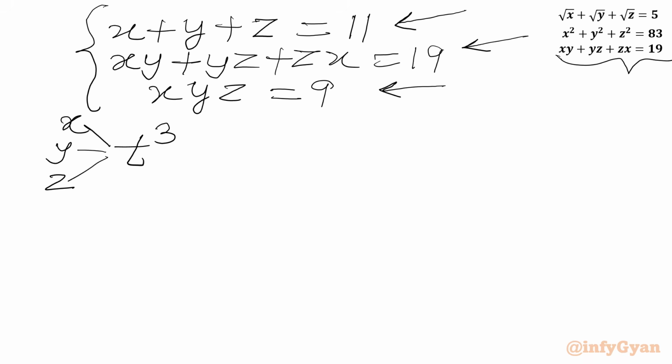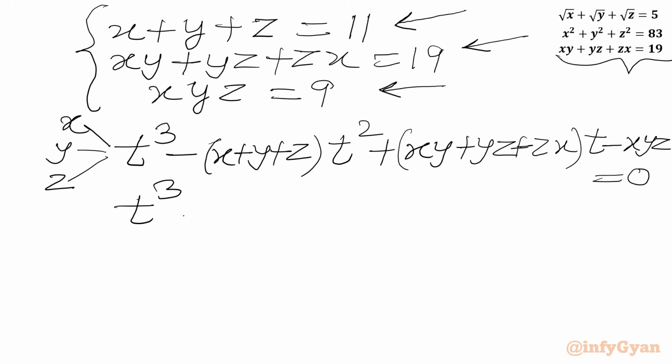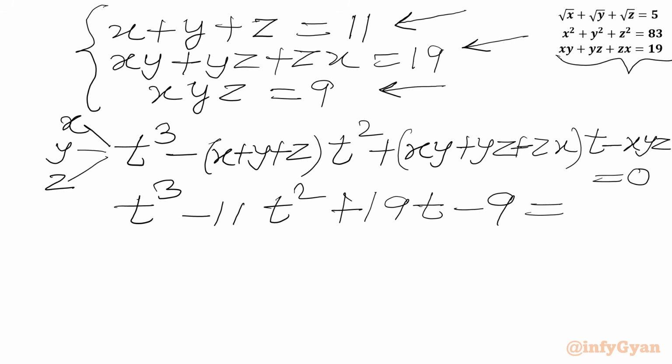So we can write cubic equation using Vieta's method: t cube minus (x plus y plus z) t square plus (xy plus yz plus zx) times t minus xyz equal to 0. Now we have to plug in all the values. So we will get cubic equation t cube minus 11t square plus 19t minus 9 equal to 0.